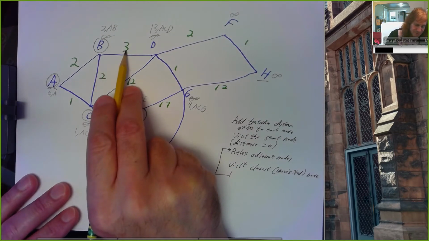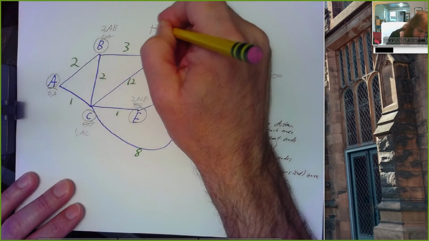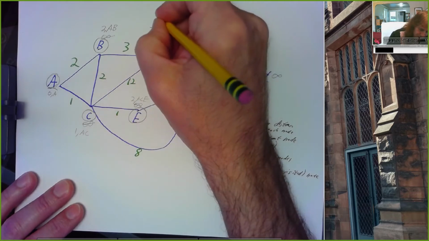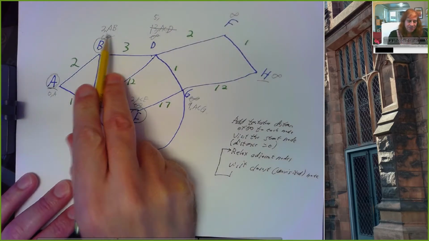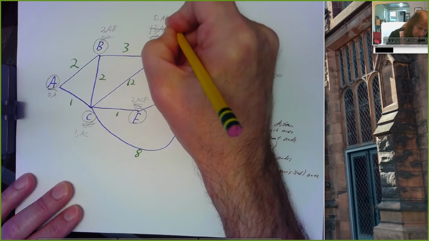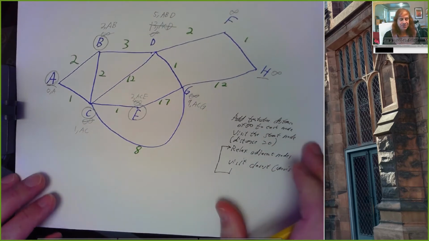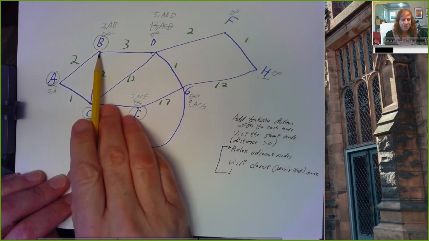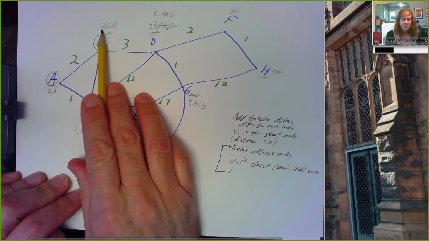So 2 plus 3 is 5. That's better than 13. So we're going to remove this. We're going to say 2 plus 3 is 5. And the path to that is the path to here, which is AB, followed by D. This is pretty straightforward to do in code, right? We're relaxing nodes adjacent to B, so we know how we got to B, AB, and we know the distance too.